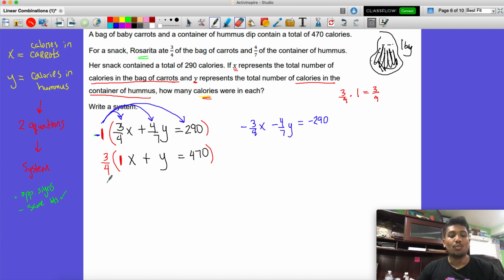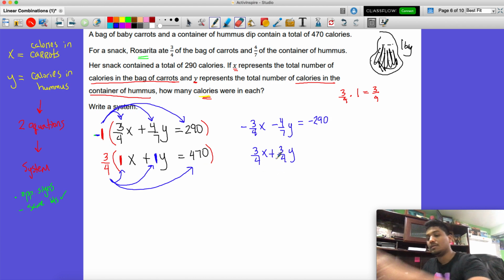When you multiply this, just think about this: 3/4 times 1 is the same thing, because anything multiplied by 1 keeps the same thing. If you're unsure about this one, remember that there's always a 1 there if it's nothing there. So 3/4 times 1 would be a positive 3/4. And then 3/4 times 470, I have no idea.